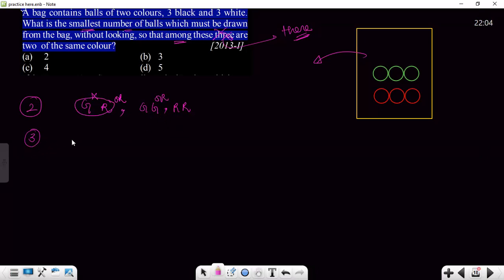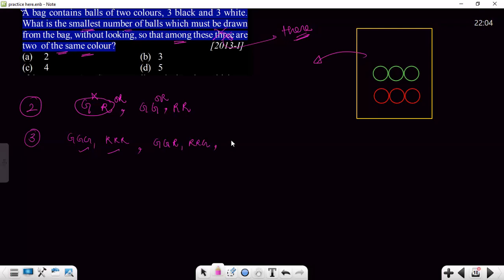Okay. If we withdraw three balls, then all three can be green or all three can be red. Okay, desirable. We want two balls to be of the same color. But it may also happen that GGR is there, RRG is there, or something else is there.